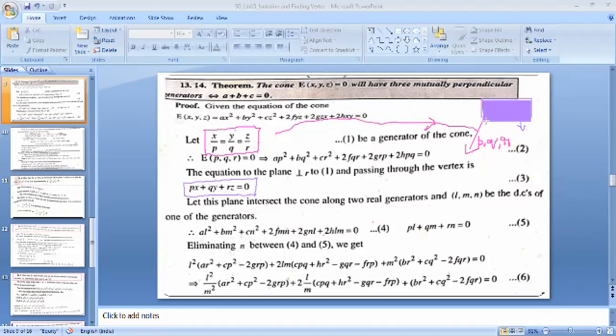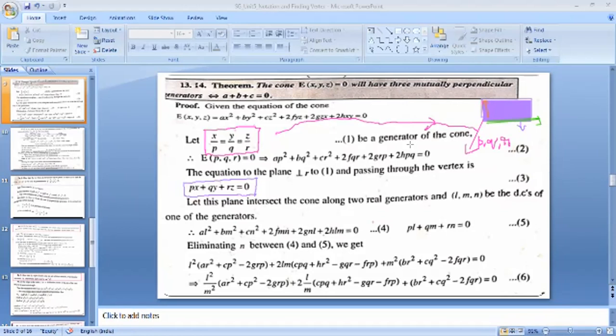I'll consider this as one generator, and I consider another one. So two generators.